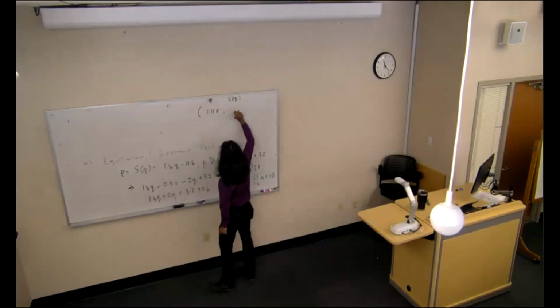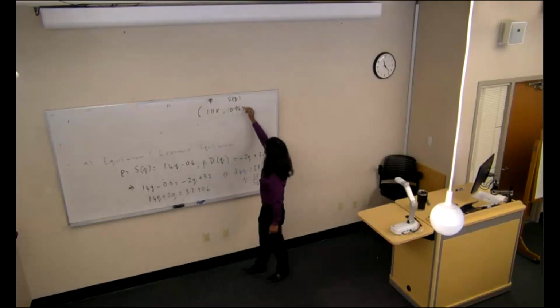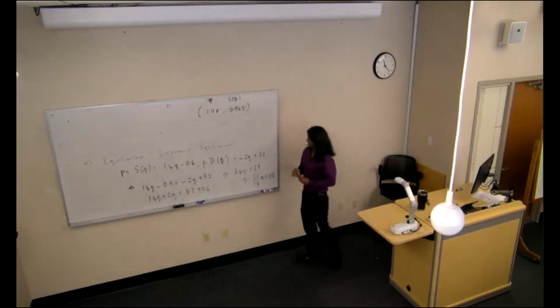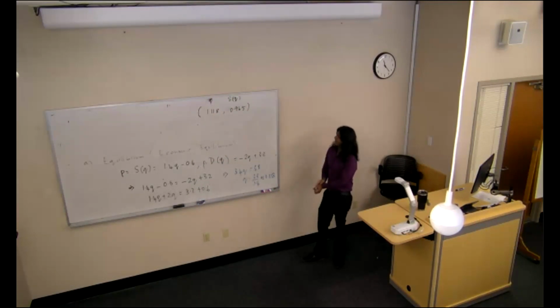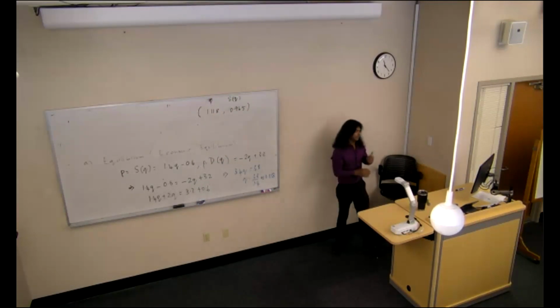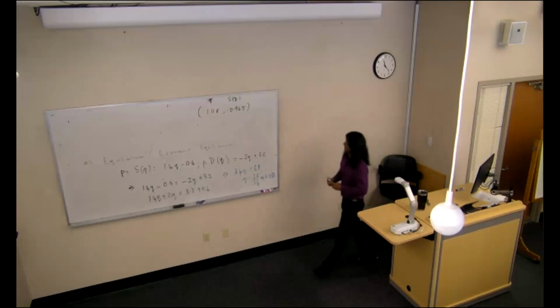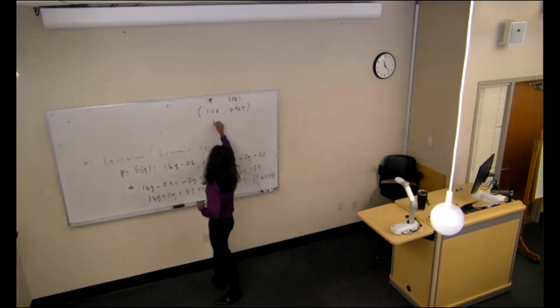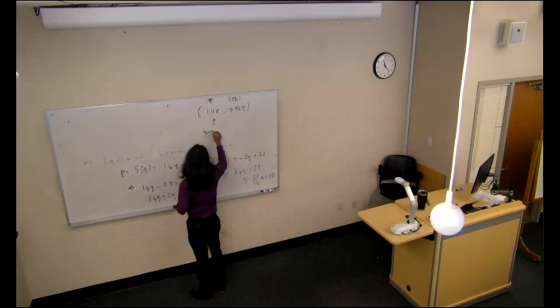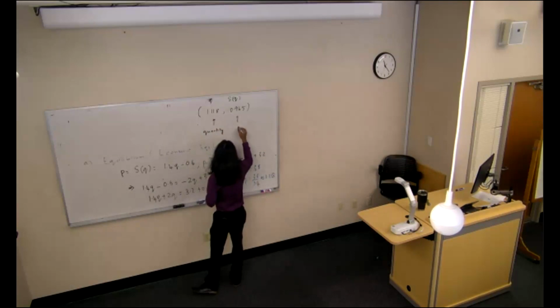1.118 and 0.965. Okay, so that was our x value, and Q is nothing but the quantity in thousands. And that is the price.